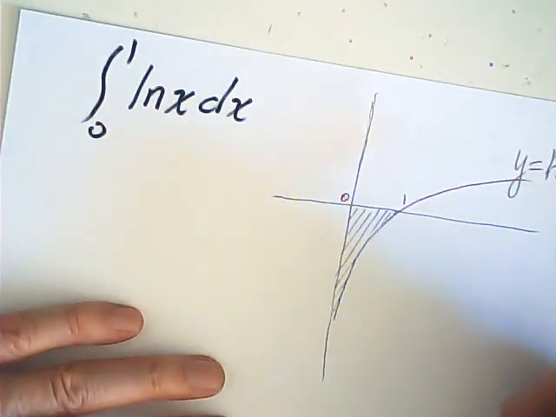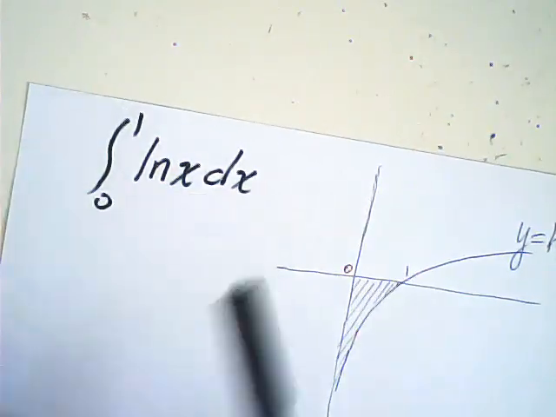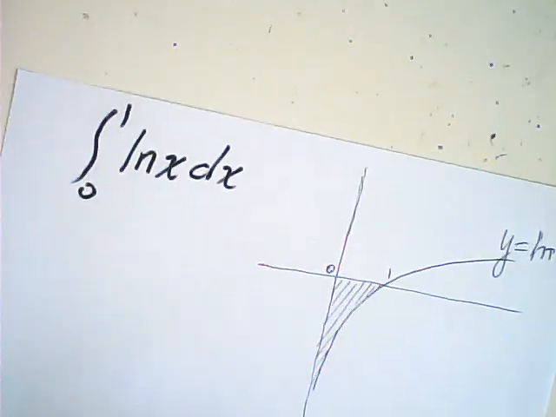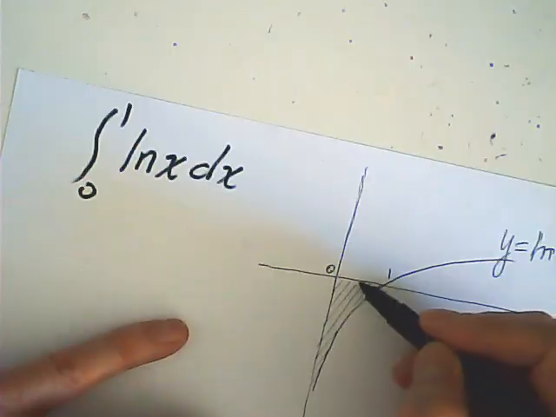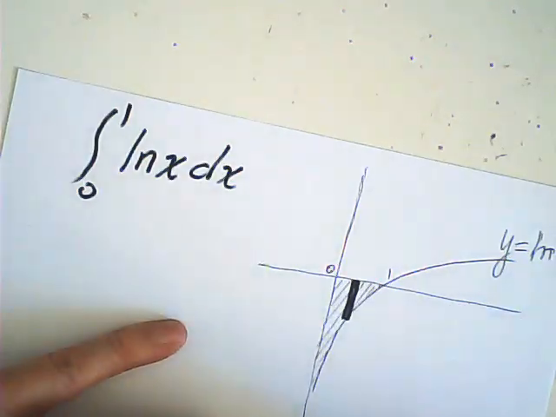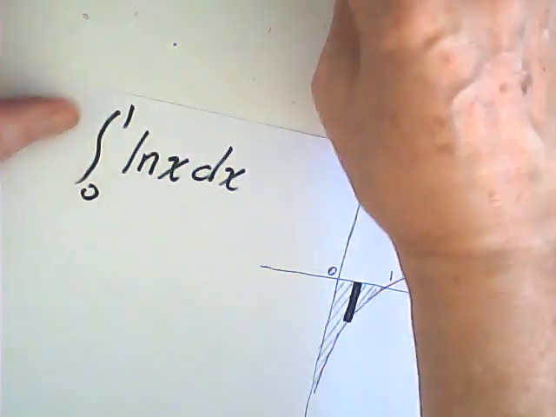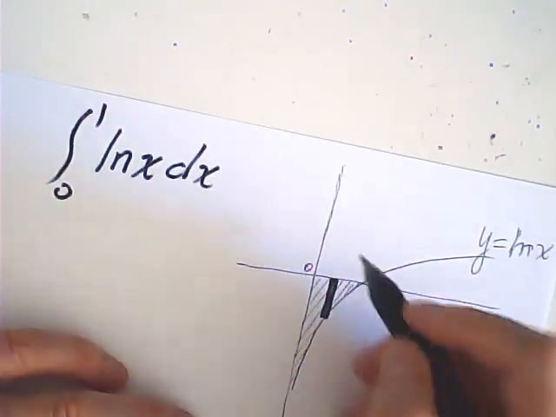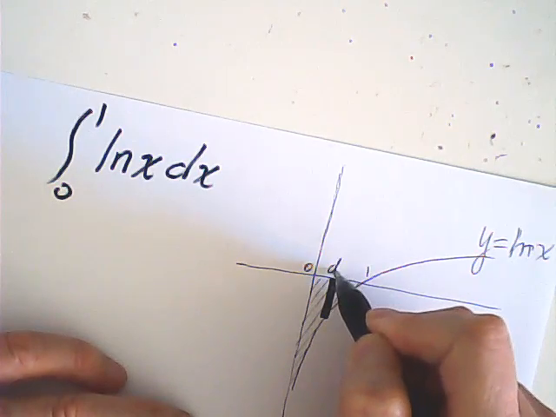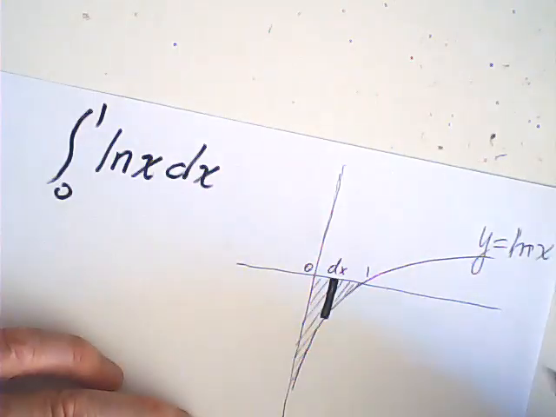Now, this integral, we consider the area under this curve, from 0 to 1. If we consider this as dx, the width of this slice is dx.